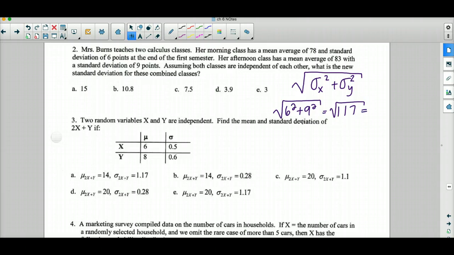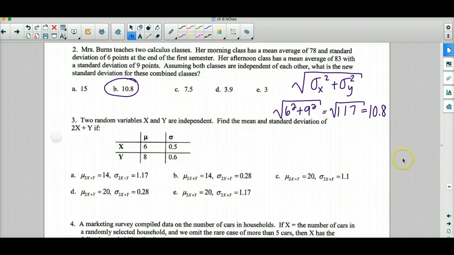So it's 10.8. So it is B, 10.8. Now, remember, you will never subtract standard deviations. If you wanted to know the difference in these 2 classes, we would never subtract standard deviation. We only add.